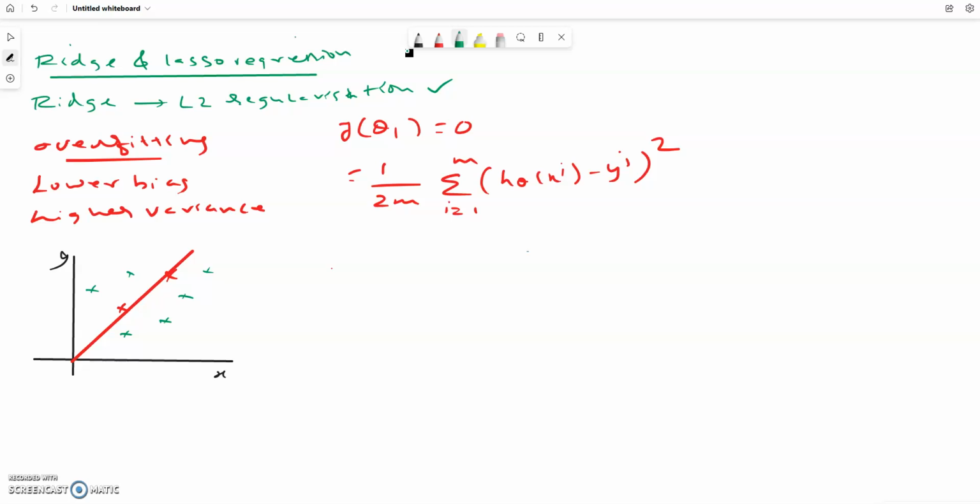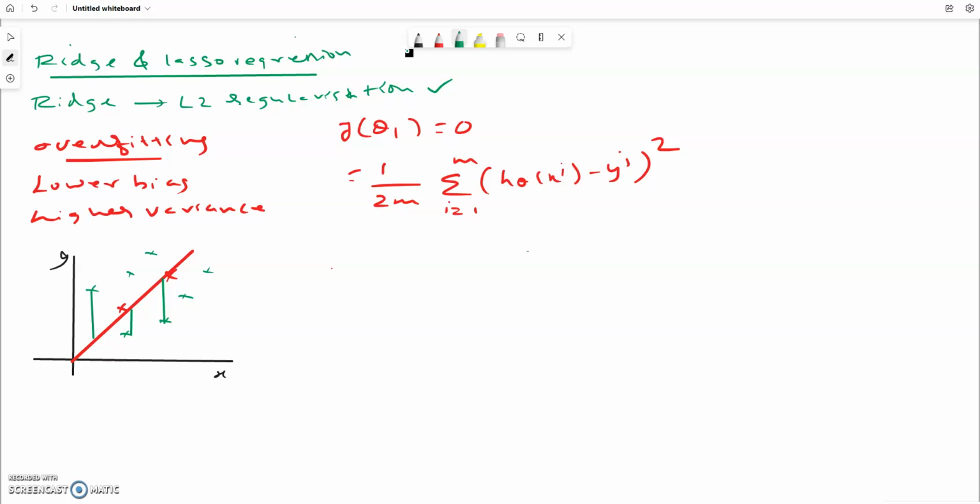When you draw the distances between the green points and the red line, the actual points are the green ones and the predicted points are on the red line. Green points are the test data, which have high variance, and these red points have lower bias.